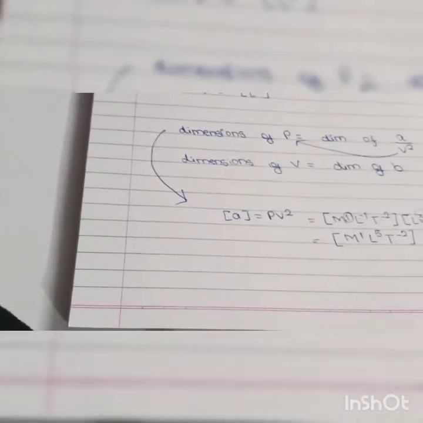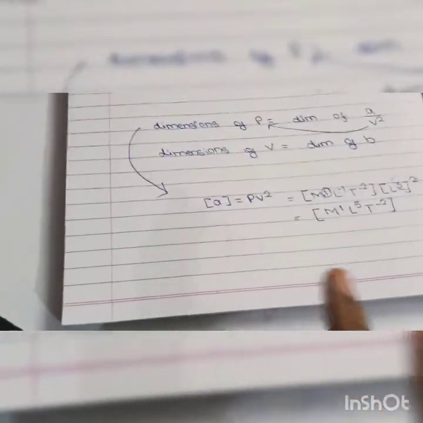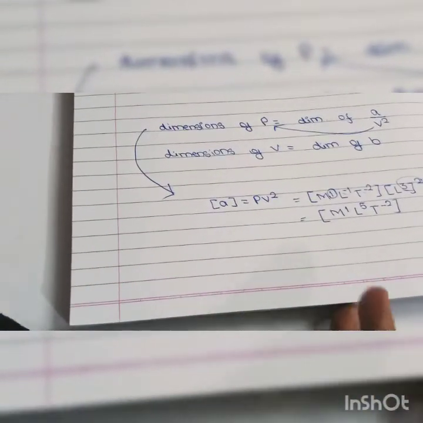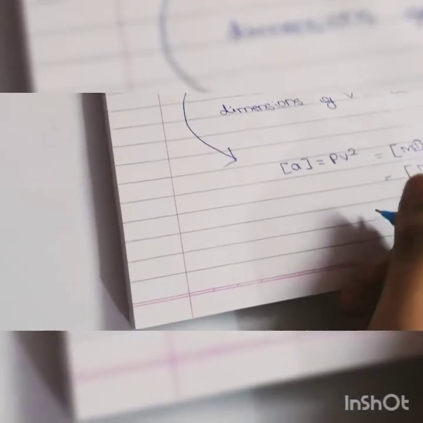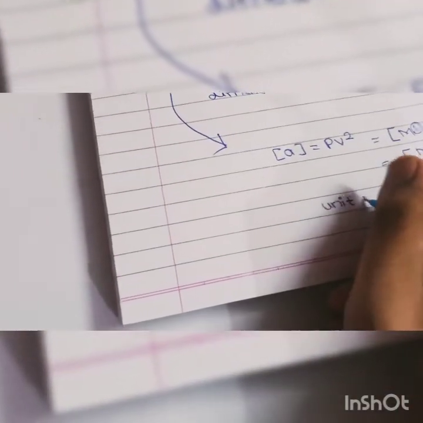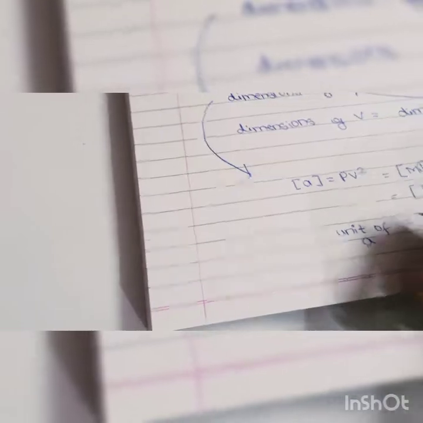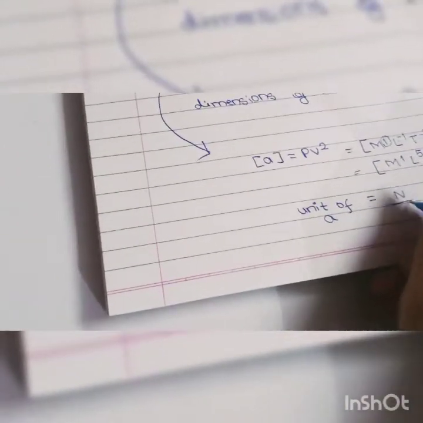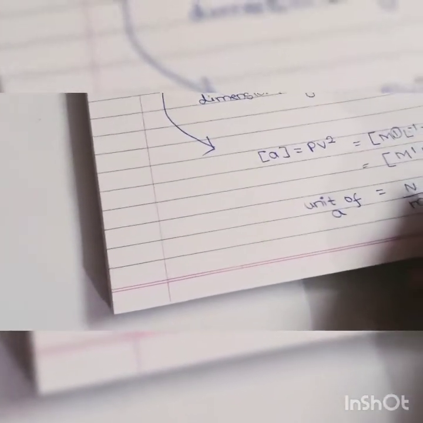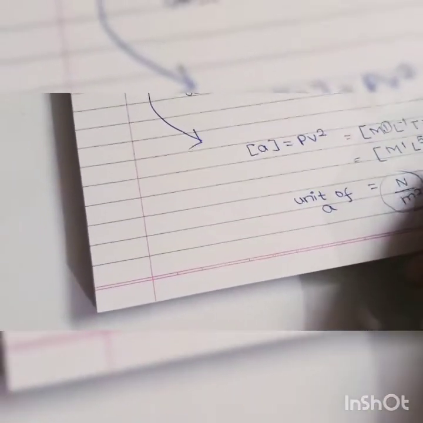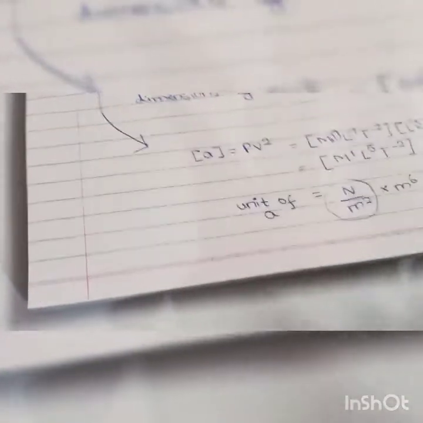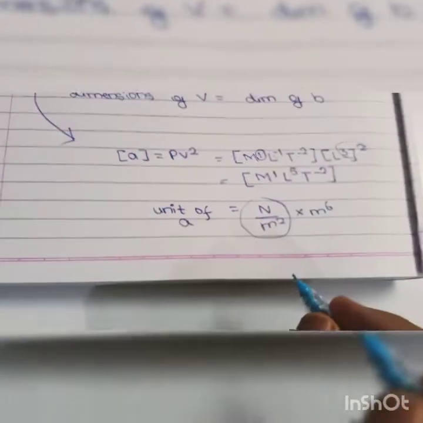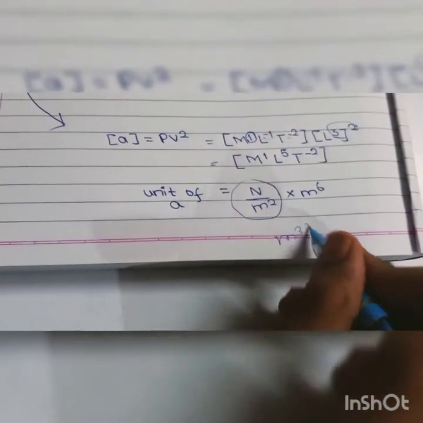Now the unit of A equals the unit of P into the unit of V squared. So the unit of A will be Newton per meter squared for pressure, into m to the power 6, because for volume we use meter cubed and it is squared in the question.